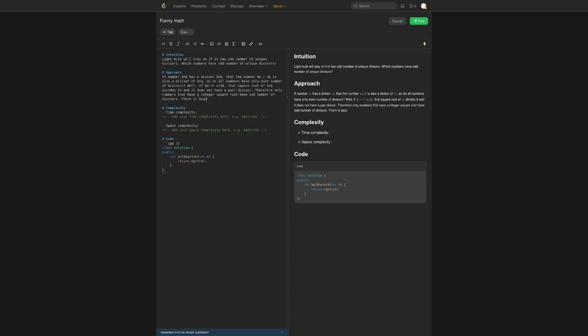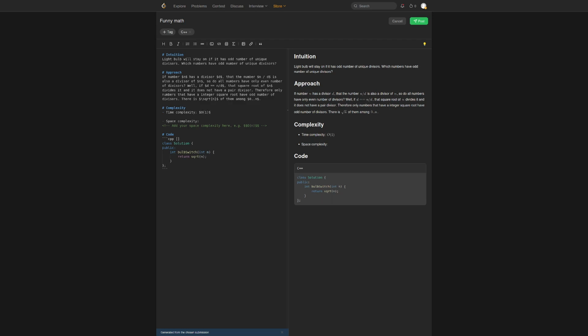There are sqrt(n) of them among the numbers from 0 to n. I'm not sure how fast we can calculate it, but square root is not O(1), I think.